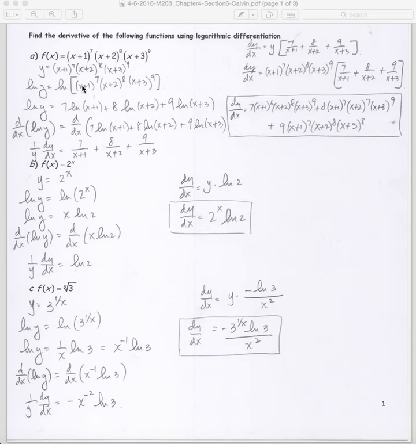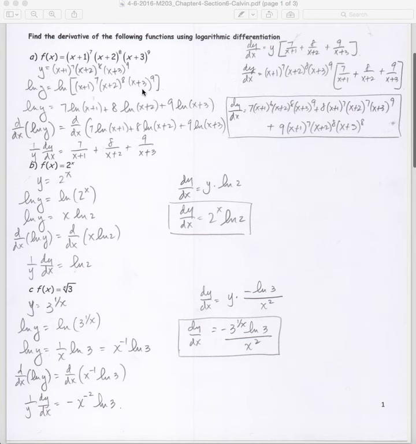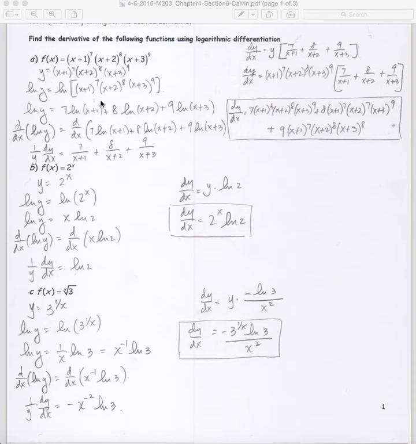If anything is raised to a power within the natural log, that power becomes the lead number, the coefficient. And if you're multiplying these functions together, then in terms of a natural log, it's going to be the sum of these functions. So in this case, I have these three functions being multiplied, also being raised to powers.